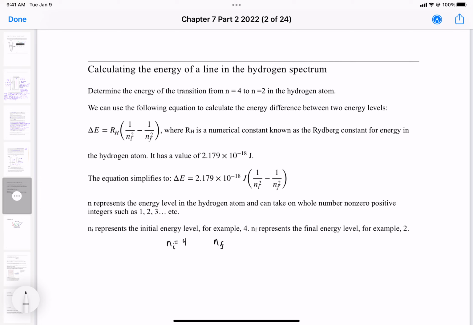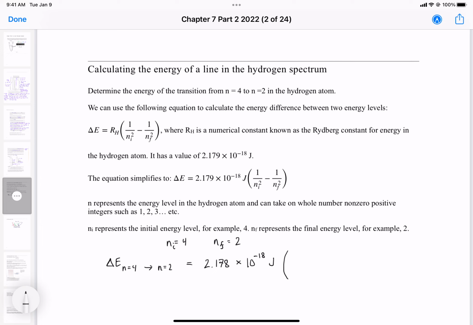Then n final equals 2. So the change in energy from the transition from n equals 4 to the n equals 2 level is equal to 2.178 times 10 to the negative 18 joules, times 1 over n i squared minus 1 over n f squared.